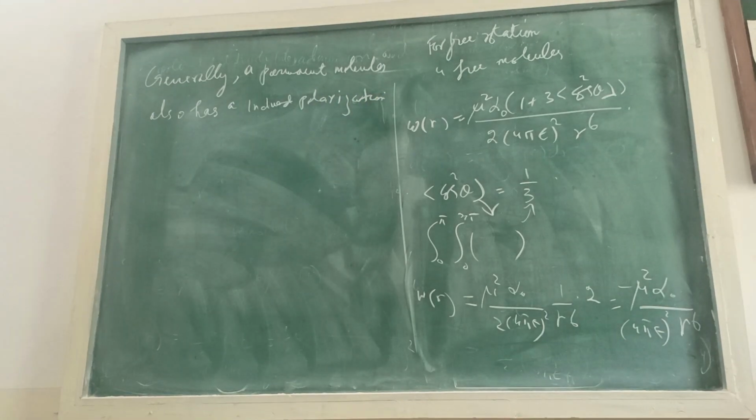The permanent dipole also sees some effect from the other dipole, for permanent induced, which will change its net dipole moment. Therefore, we can write equation number 2.